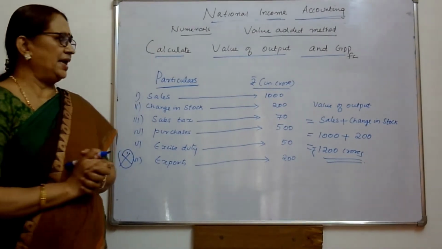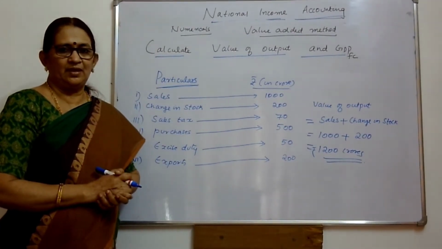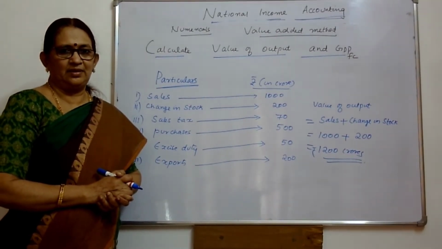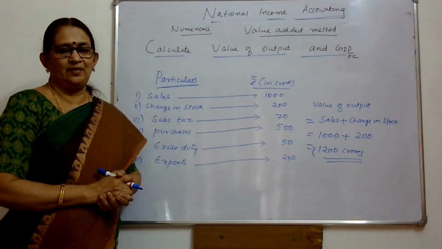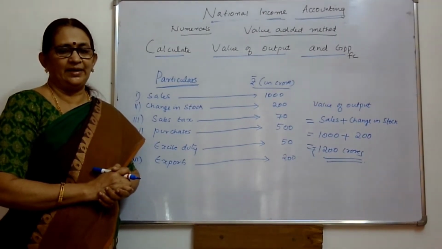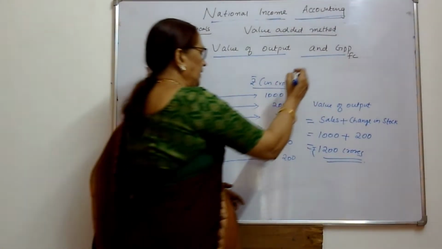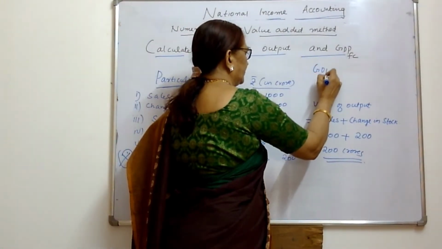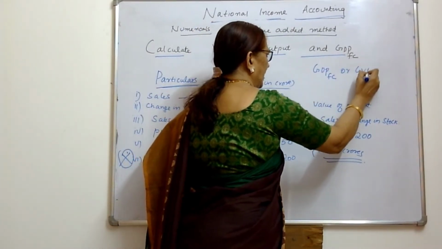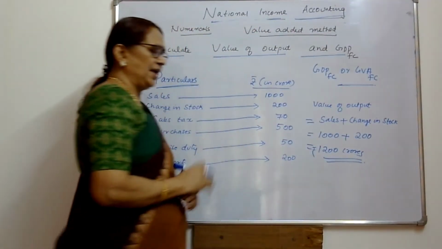Now we have to calculate GDP at factor cost. How can we calculate GDP at factor cost? In value added method we call it gross value added at factor cost. How can we calculate?